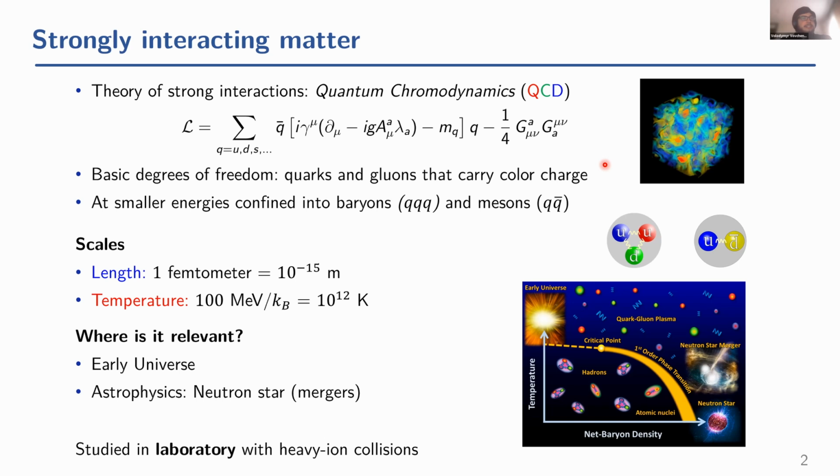And on the other hand, there are also a number of interesting astrophysical phenomena, like the interior of neutron stars, which is filled with dense QCD matter, and in particular the mergers of neutron stars, where the outcome very much depends on the properties of QCD matter in cold and dense regimes, so at finite baryon density. So this is also a very interesting connection.